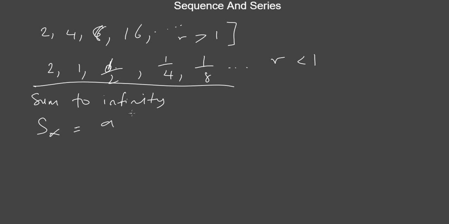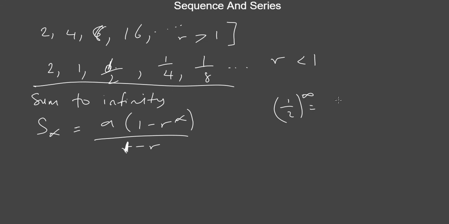This is the formula for calculating this particular sequence, where you have n, but now we are going to replace the n with infinity, and this is over 1 minus r. So if you have a number that is less than 1, in this case 1 over 2, and you raise it to infinity, what are you going to get?